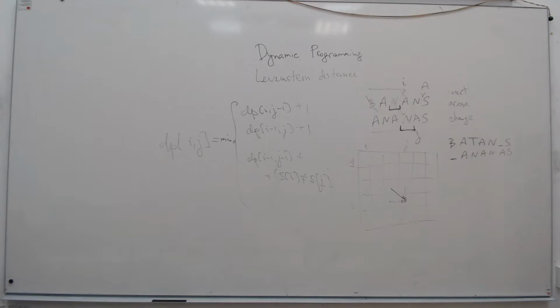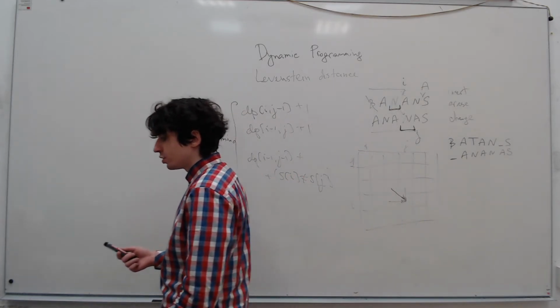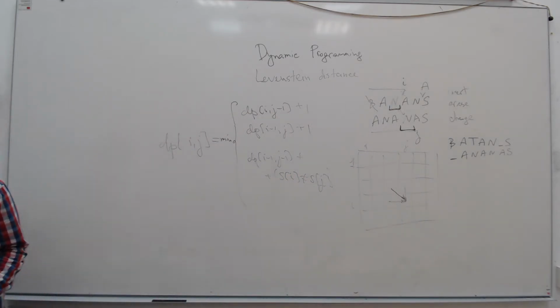So the question is how to restore: you're given two strings, you have to restore this thing. You want to get how two strings are aligned between each other. You should be able to do this.